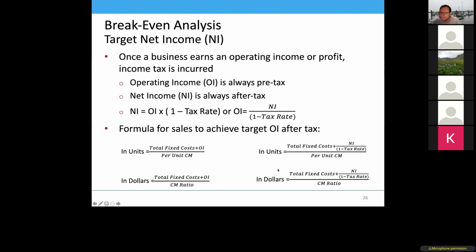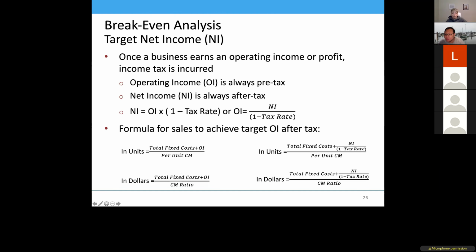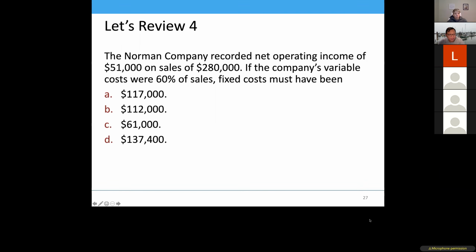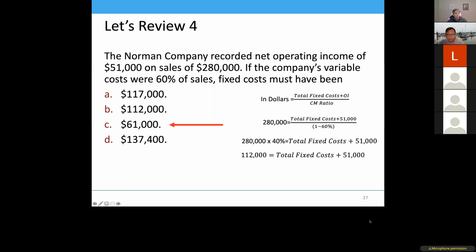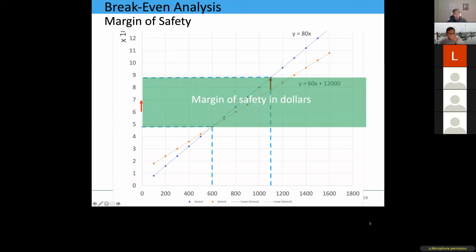Are we clear? Yeah. Okay, good. So move on, and we did this one. The answer is this. Yeah, we did this one. Okay. So now let's talk about a new concept, margin of safety.